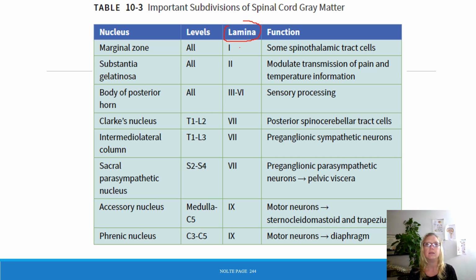So that's going to be the phrenic nerve. And then we see our accessory nucleus. That's going to be the accessory nerve, cranial nerve 11, and that is going to be upper traps and SCM, right? So accessory nucleus, accessory nerve, spinal accessory nerve, cranial nerve 11, phrenic, C3, C4, C5, diaphragm.